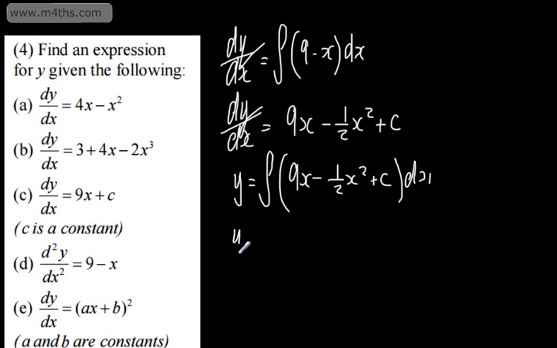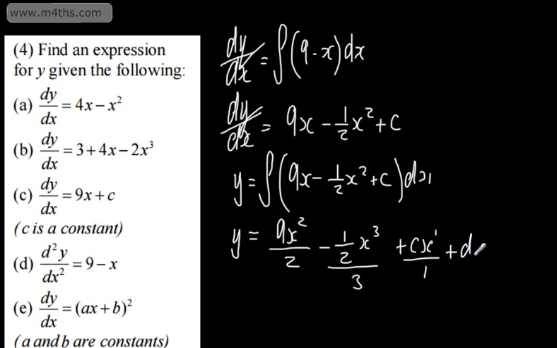So y is going to be equal to 9, and then we're going to have x squared divided by 2, minus 1 half x cubed divided by 3. Now at this point I would simply write that that's 1/6, plus cx to the power 1 divided by 1, plus d.